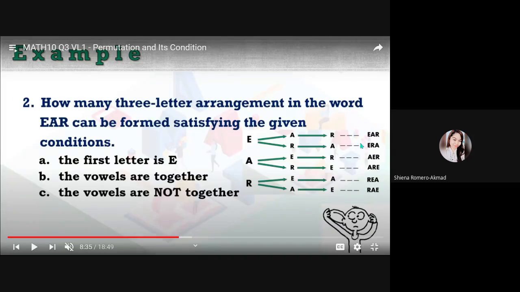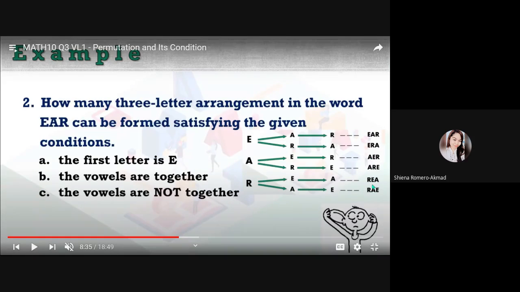How many could it be here? 2. Yes. How many in our arrangement start with letter E? Two. Yes, correct. Letter B, the vowels are together.